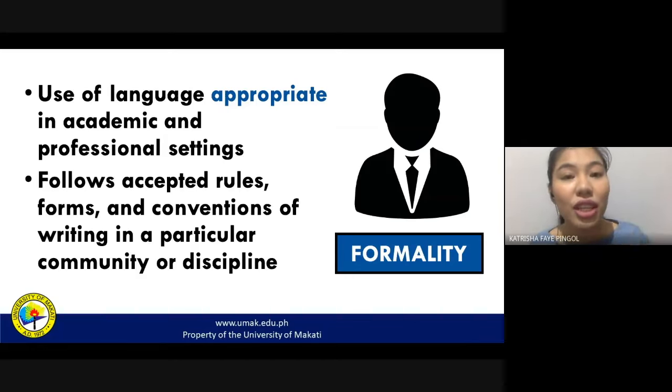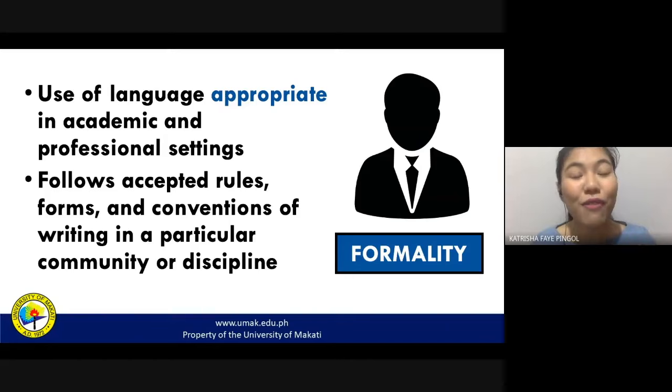Because there are certain rules, certain forms, certain conventions when it comes to writing or speaking, particularly in a specific community or in a particular discipline. Sometimes it feels as if we are not conscious of these rules, these forms, these conventions that I am talking about.